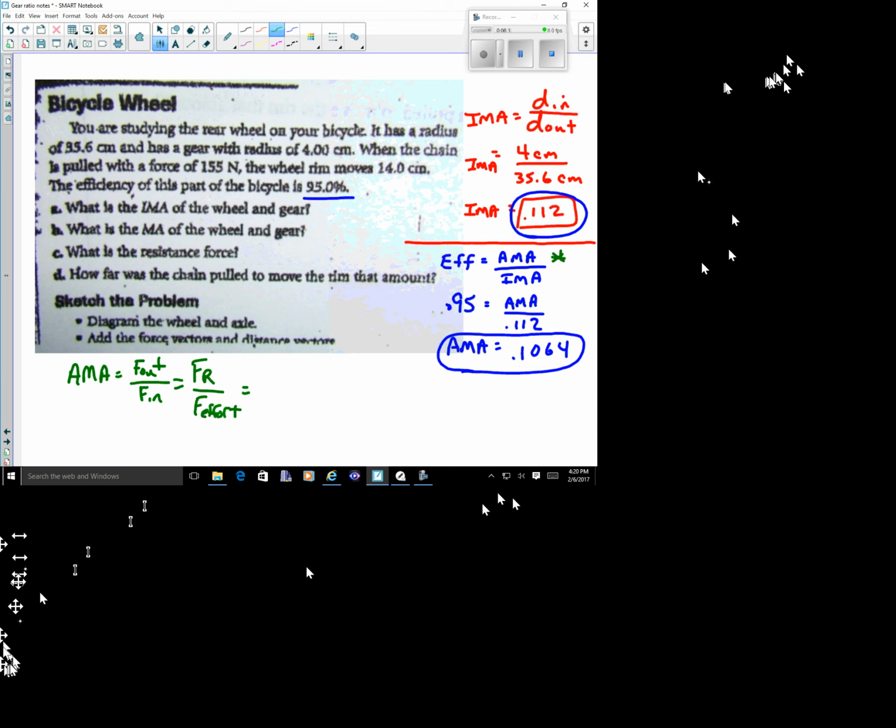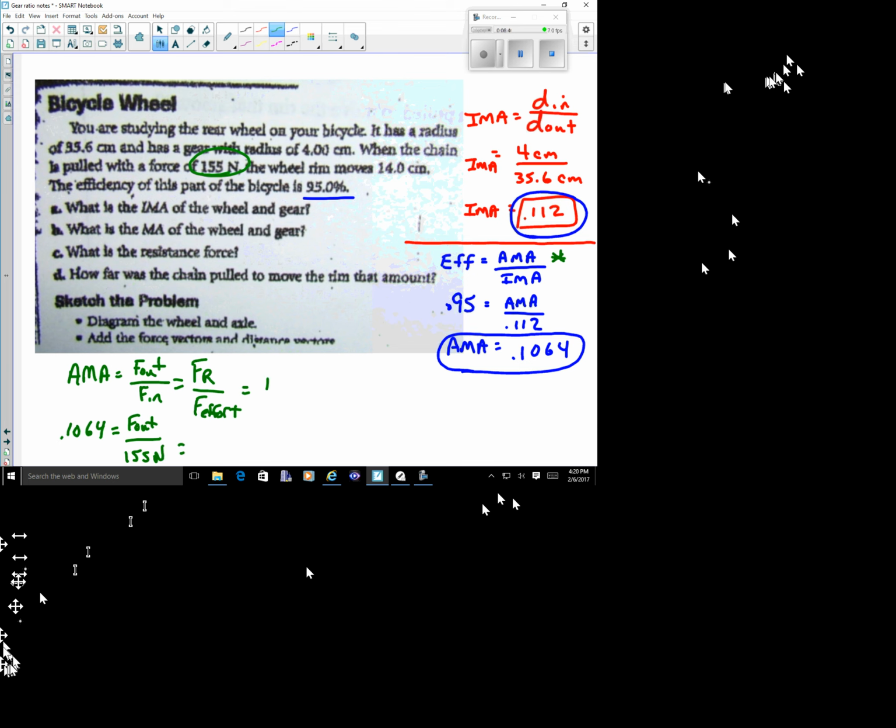The actual mechanical advantage, once again, was 0.1064. The resistance force, or the force out, is what I'm trying to find, so I'm going to put an F out there. And the force that you put in, they said, is right up here: 155 newtons. Everybody see that 155 up there that I just circled? Okay. And so I'm going to cross multiply again.